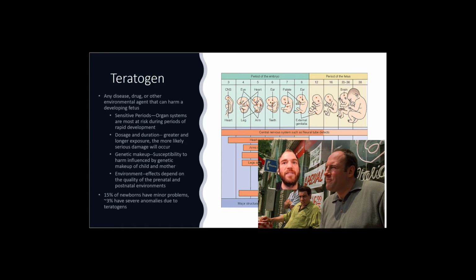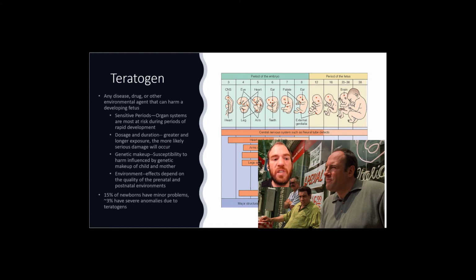Just one example, kind of broad strokes. The idea is that it's not just being exposed to a stressor, it's the amount and the duration. The longer it is, and the higher the dose, the more potentially severe and harmful that stressor will be to a developing fetus.